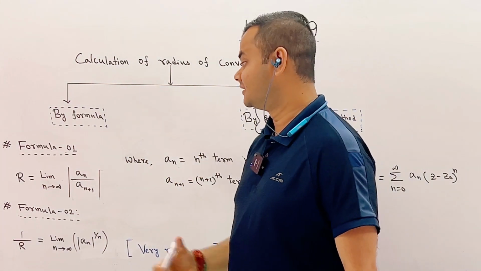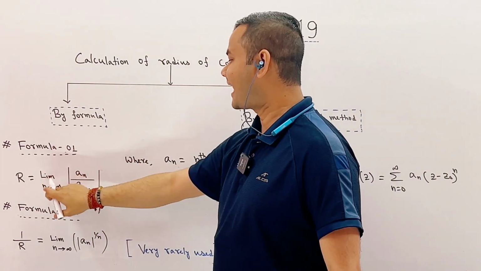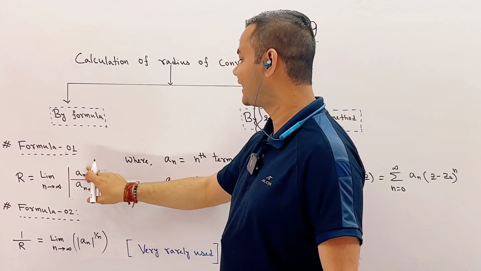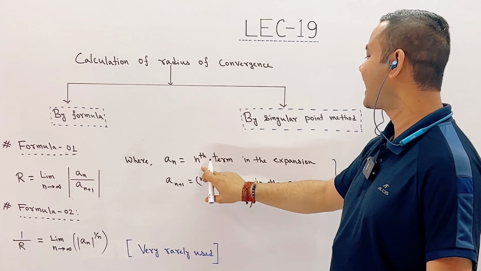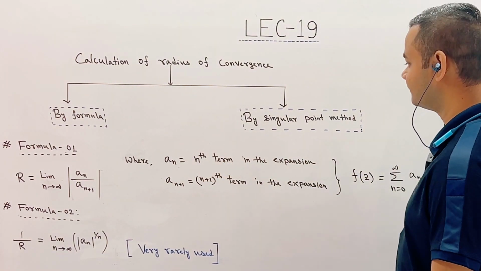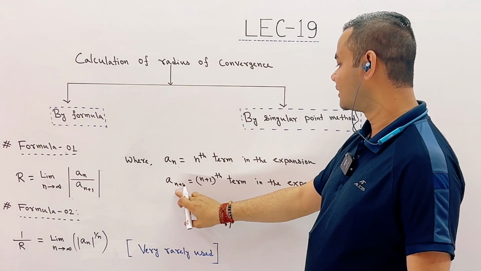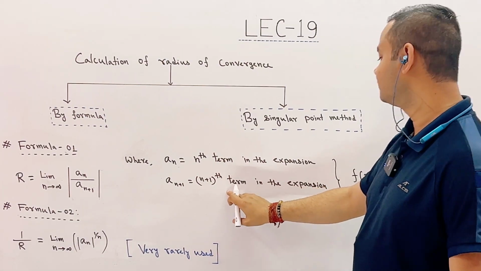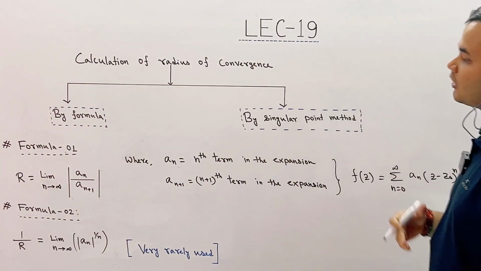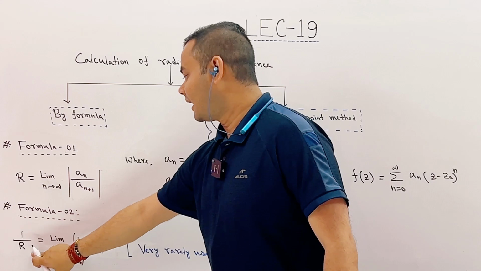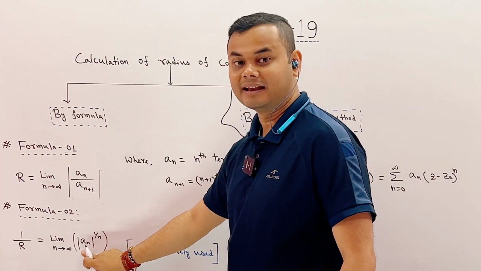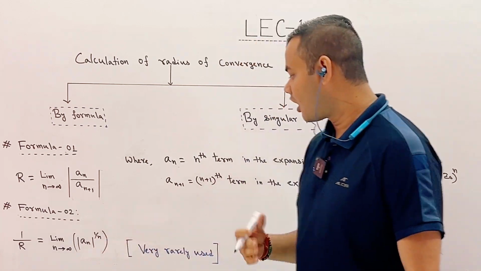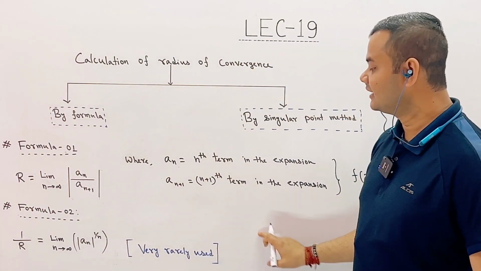The radius of convergence r is given by limit n tends to infinity modulus of a n divided by a n plus 1, where a n is the nth term in the expansion, this one, and a n plus 1 is the n plus 1th term in the expansion, this one. Formula number 2. 1 by r is equal to limit n tends to infinity modulus of a n whole to the power 1 by n. However, this formula is very rarely used.